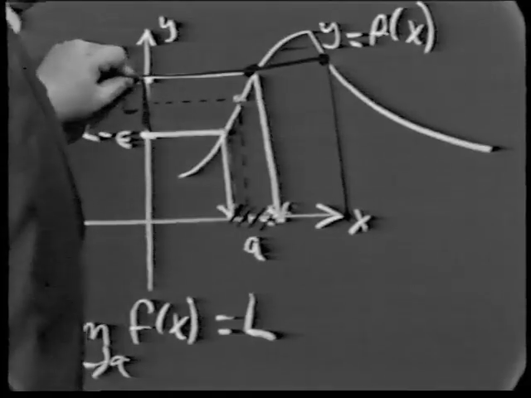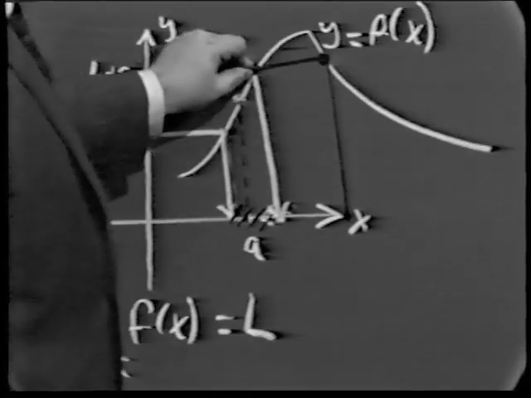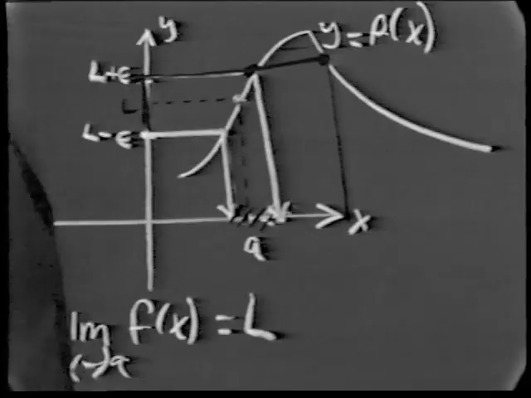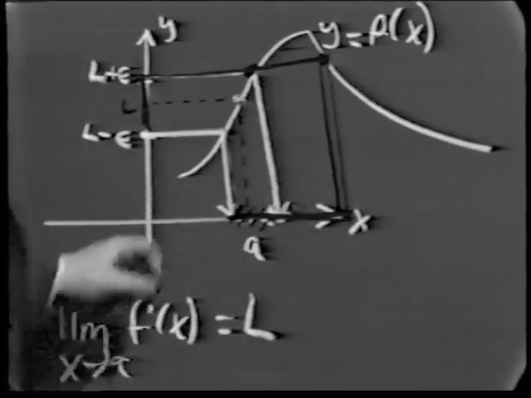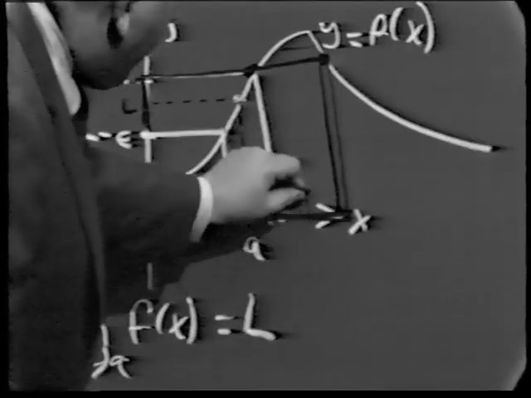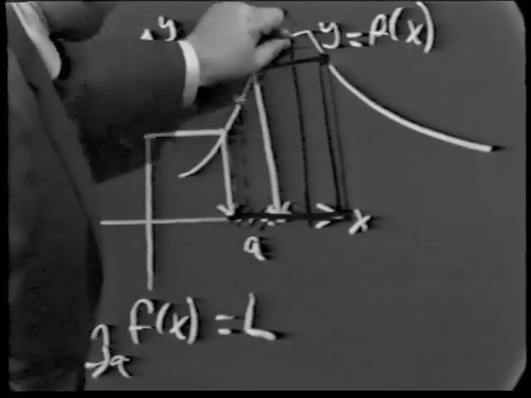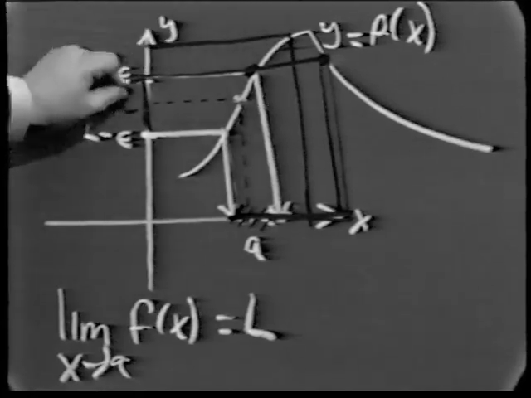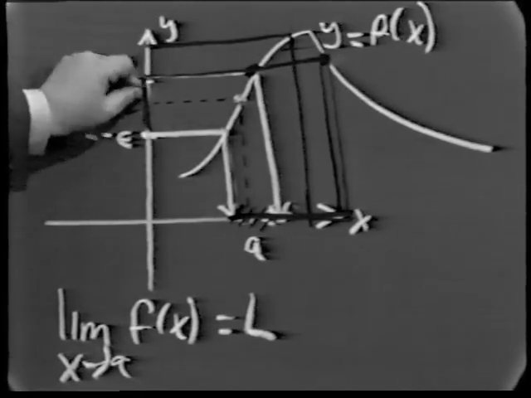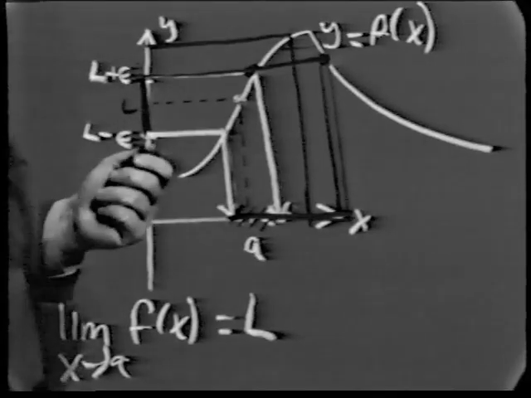You see, if we made a mistake and bypassed this point and came all the way over to here and thought that this was our tolerance limit, we would be in a great deal of difficulty because, you see, for example, for this value of x, its f of x value projects up here, which is outside of the tolerance limits that are given.